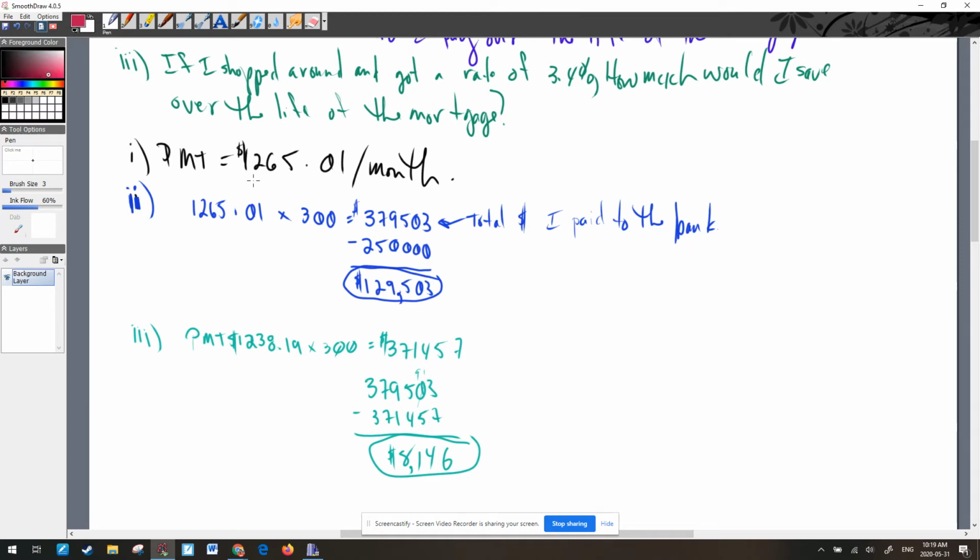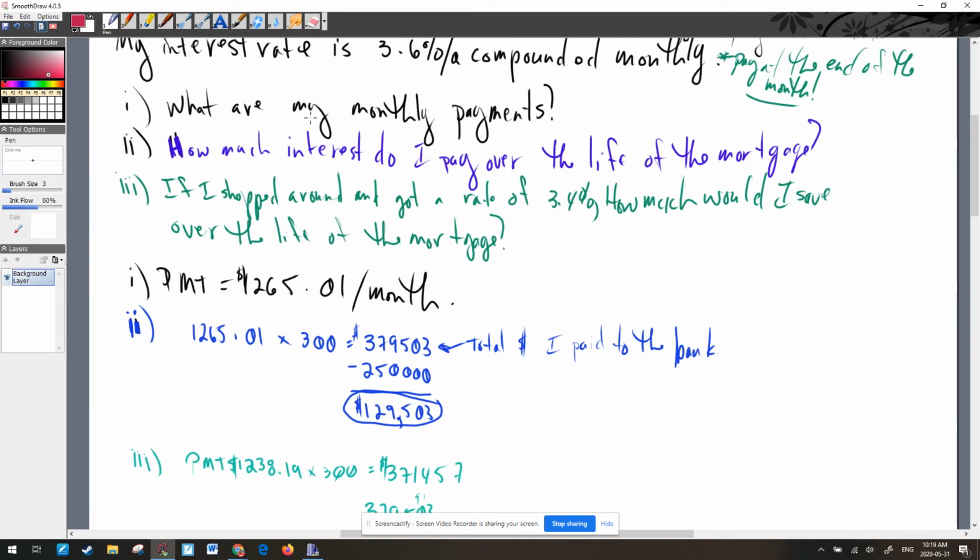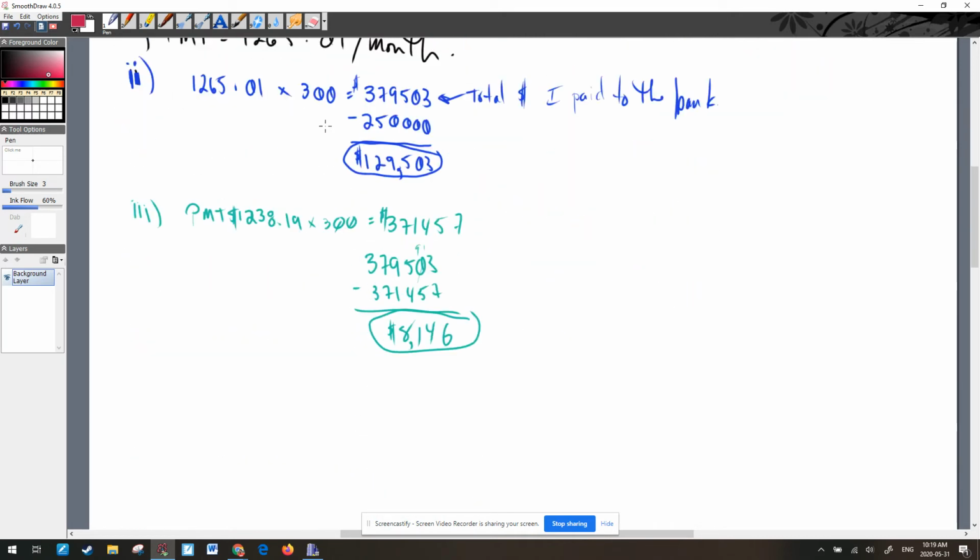Now, I'm going to add a fourth question to this. So imagine that everything else was the same. So, we are still going to borrow the 250,000. And we're going to go back to the original interest rate, and we still have an interest rate of 3.6% per annum compounded monthly.